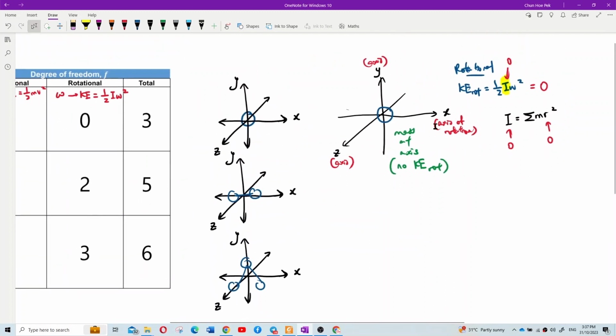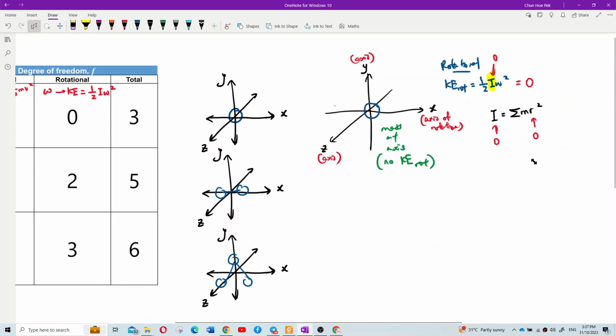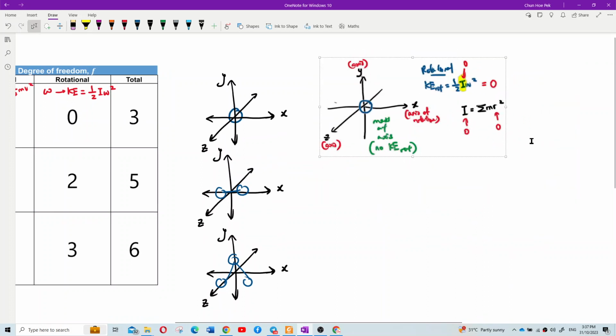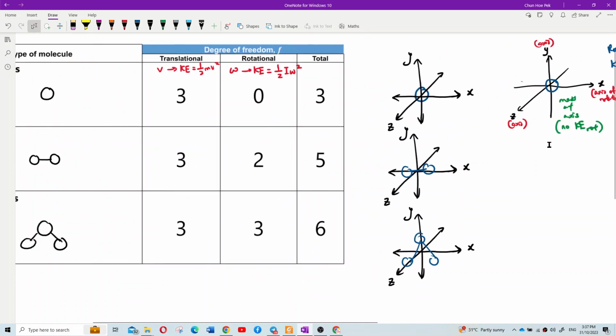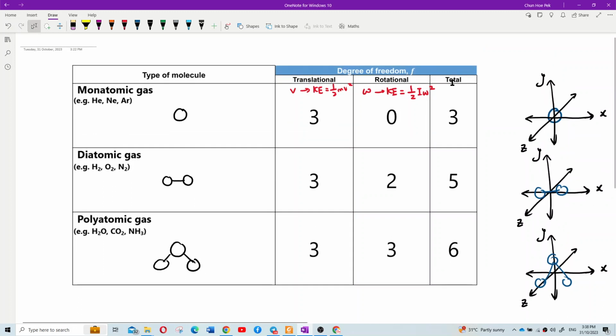Now let's say for rotational, monoatomic is 0. So what is the total degree of freedom for monoatomic? 3 plus 0 is just 3.